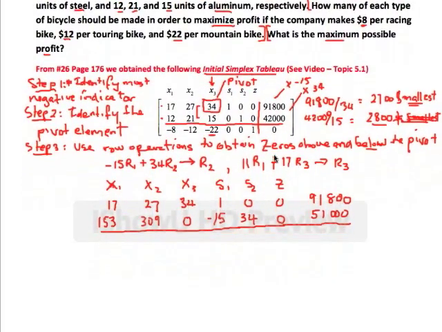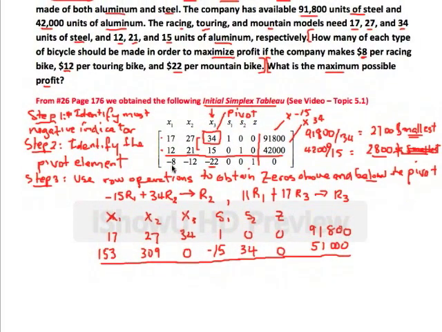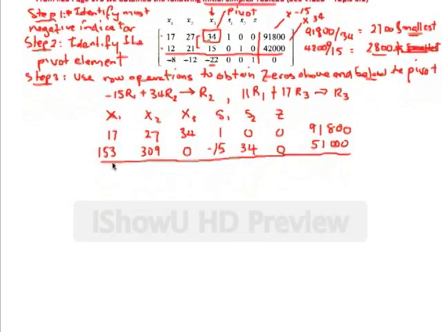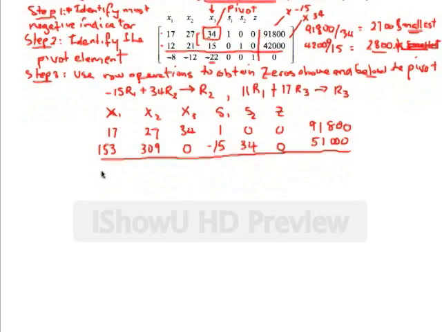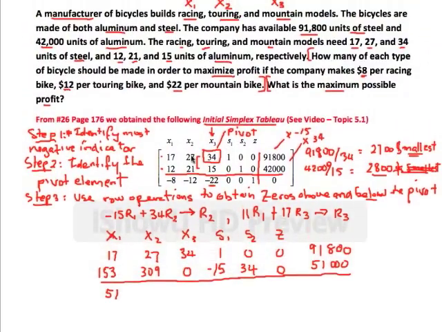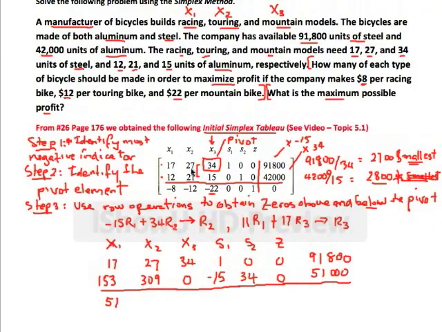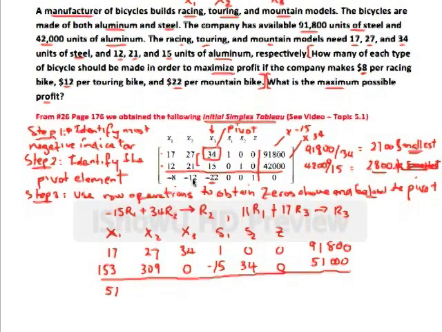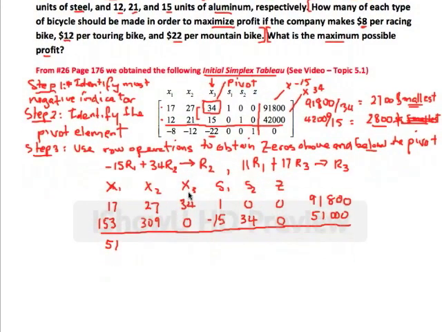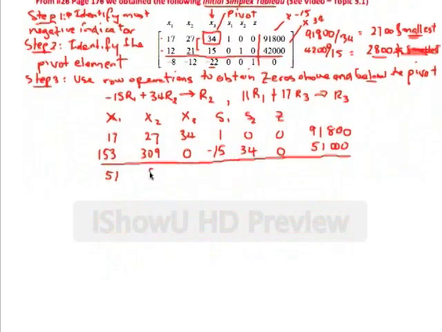And then R3 is 17 times negative 8. And what we get there is going to be 51. Right, then notice that we have 11 times 27 plus 17 times negative 12. Add them together and you'll end up with 93.